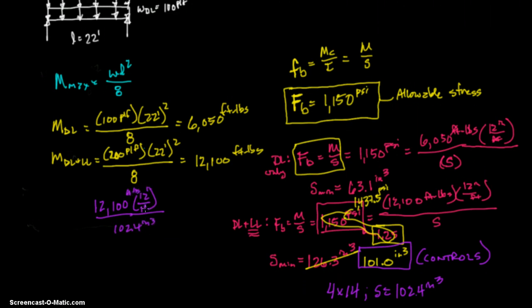This is inch over foot. And that equals 1418. And that is PSI. But remember, we multiplied by 1.25, so let's divide it by 1.25. It should be right below 1150, and it is. It's 1134 PSI. It's right below it. So we're good.